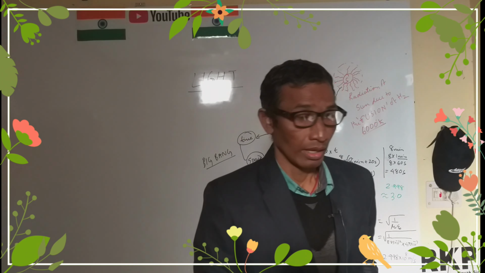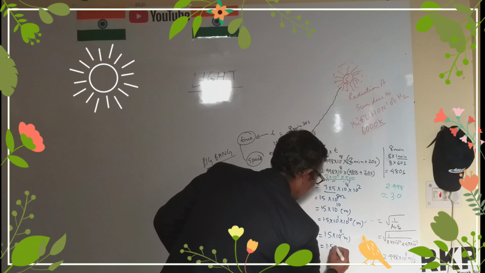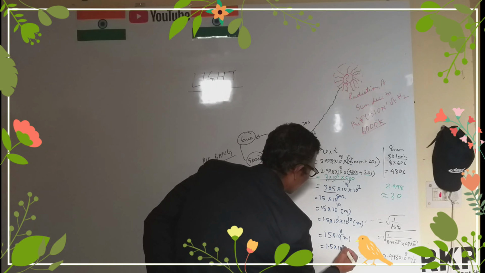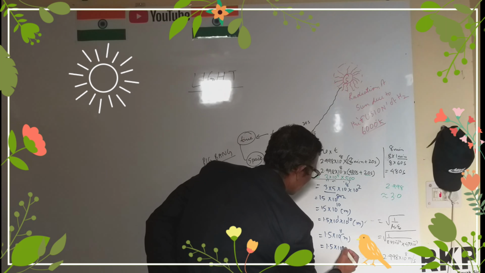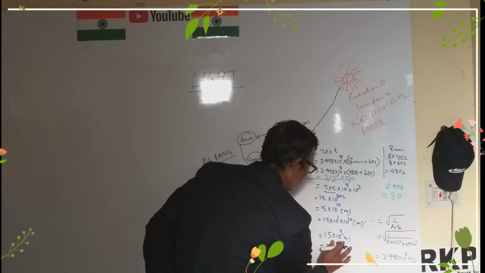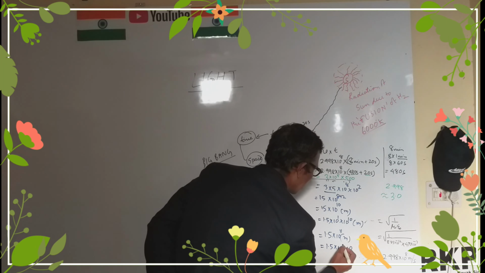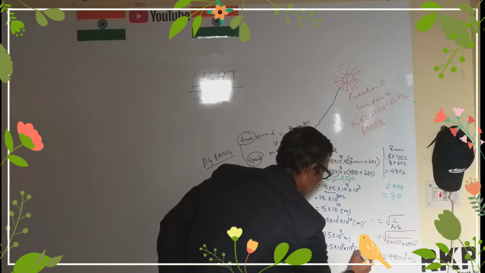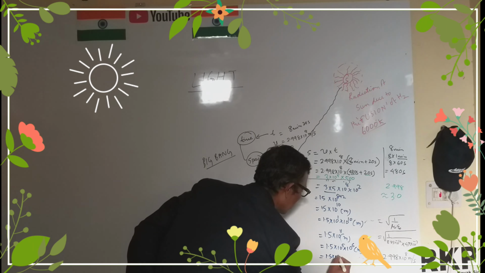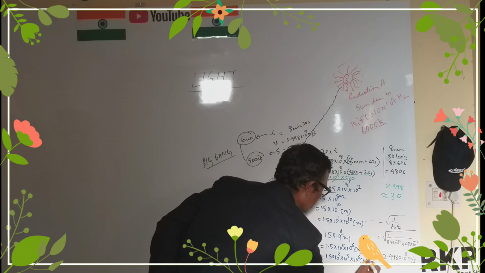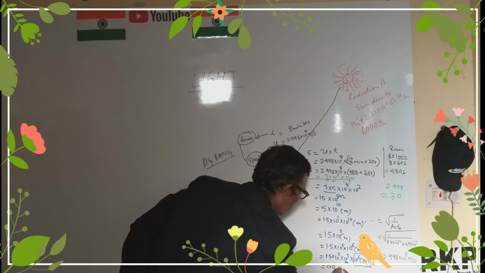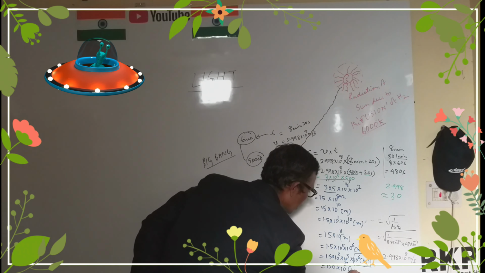Now we convert it into kilometers. We write 150 into 10 to the power 6 over 10 to the power 3 meter.